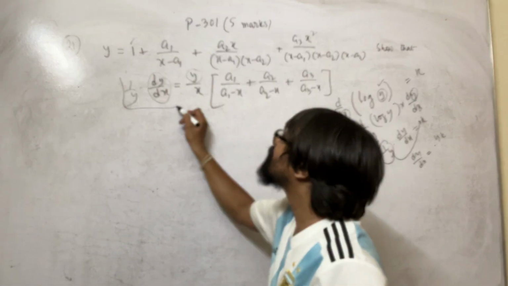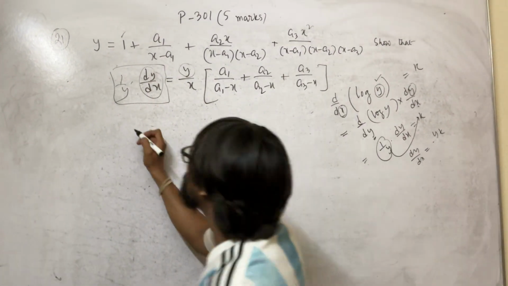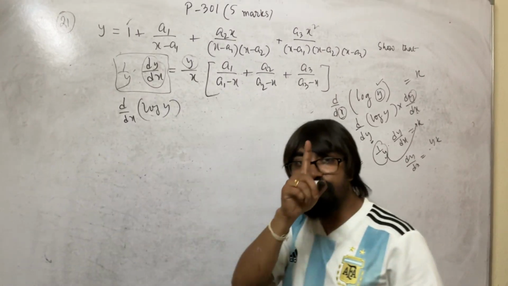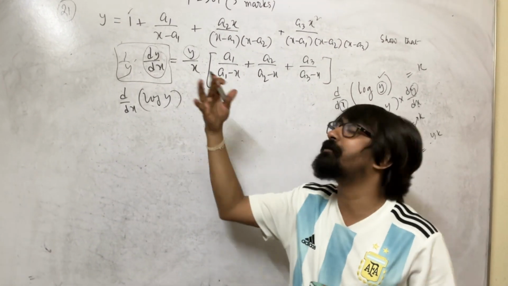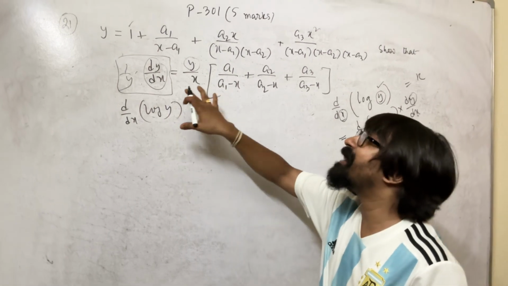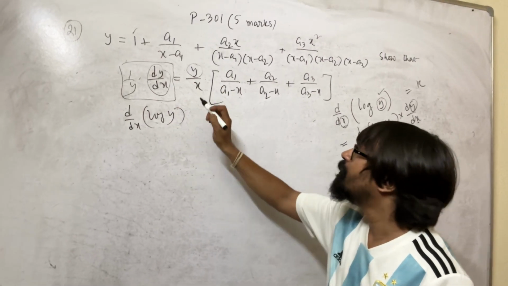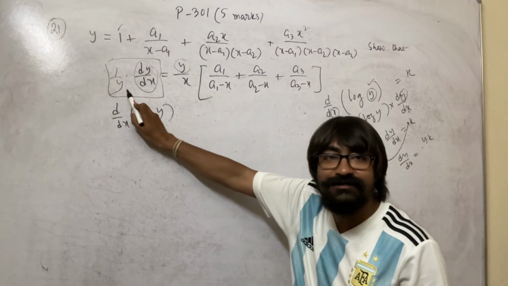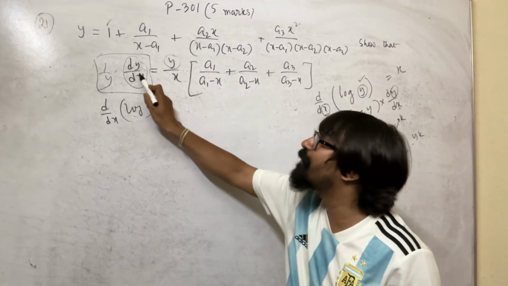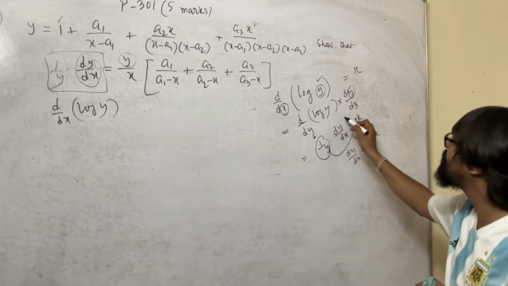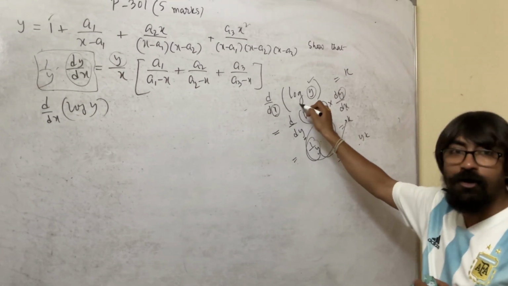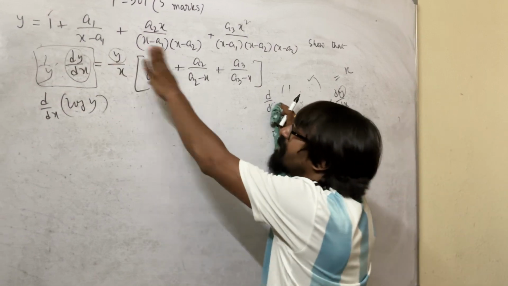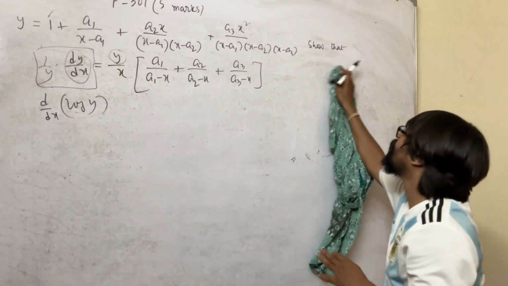And you know that this result only can come when d/dx of log y is done. So this is how I analyze how I approach, where am I standing and where do I need to go. As I have seen a 1 by y there, 1 by y dy/dx would only come from d/dx of log y. So I have got the idea that at some point in my journey I have got to take log.